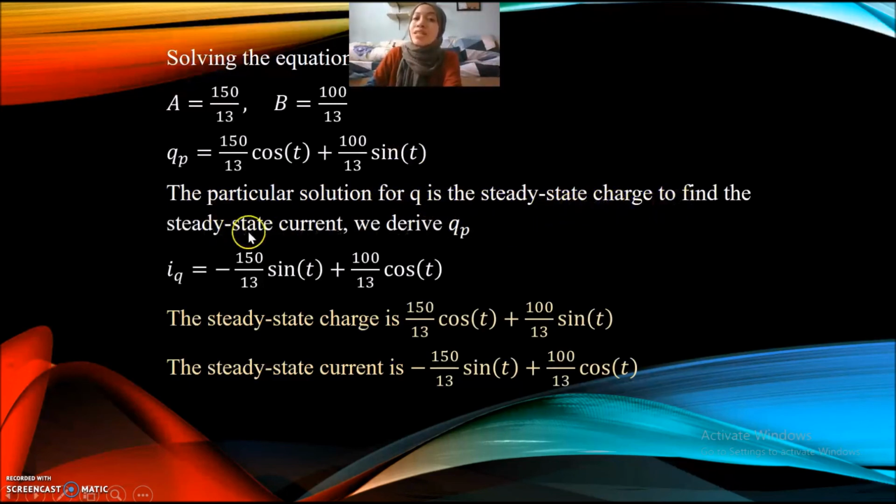To find the steady state current, we differentiate Qp, because Qp is the steady state charge, and the current is the derivative of the charge equation. So we have something like this, and these are the answers for the steady state charge and steady state current. Thank you.